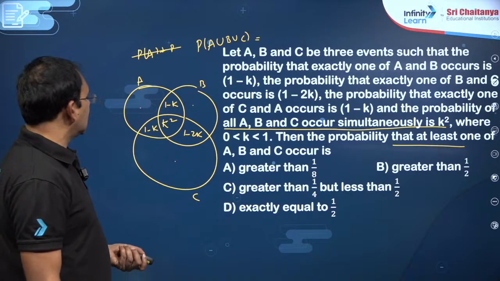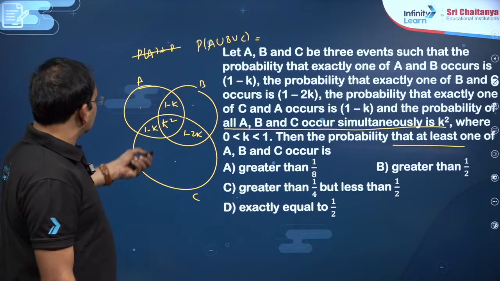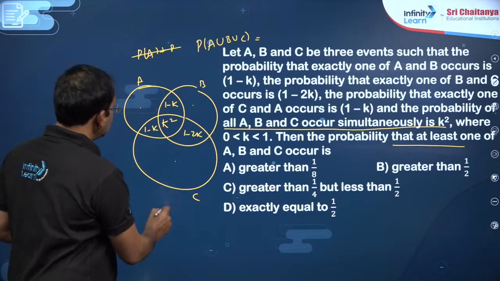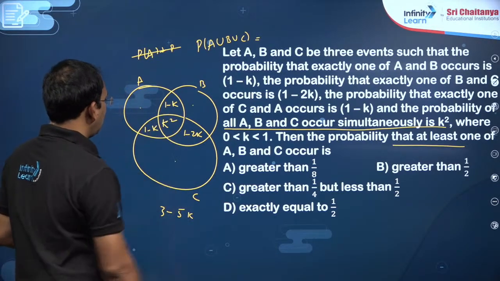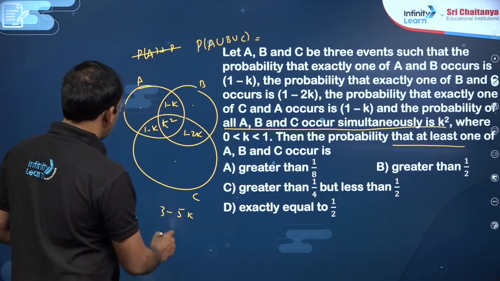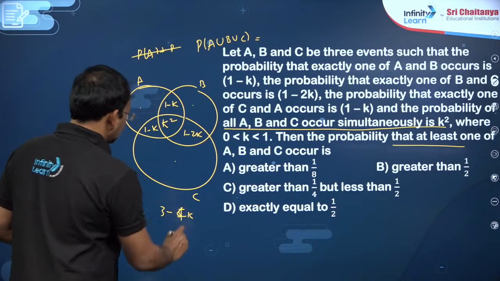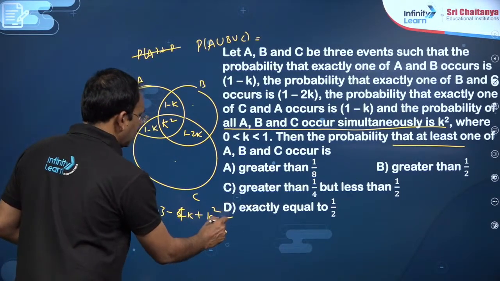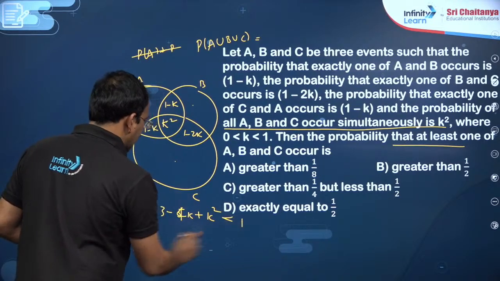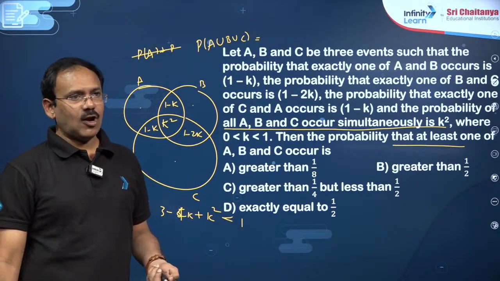So you can just try, this sum is going to be 3 minus 3k, this is 4k, 3 minus 4k plus k square. This value must be positive and less than 1, right? This must be less than 1, obviously.